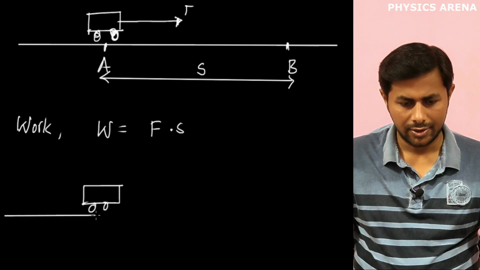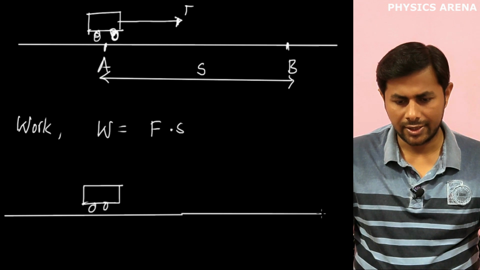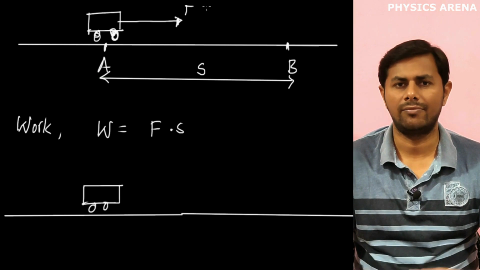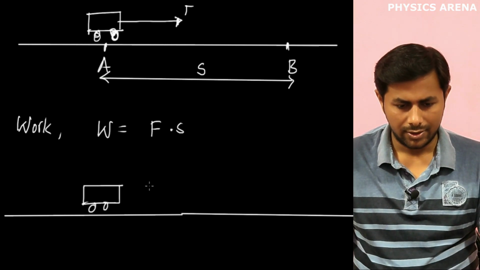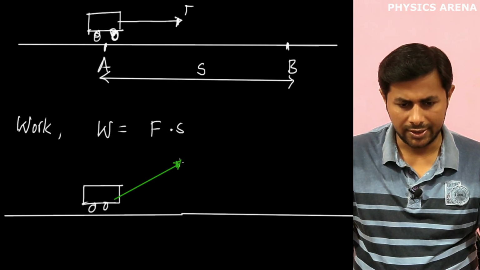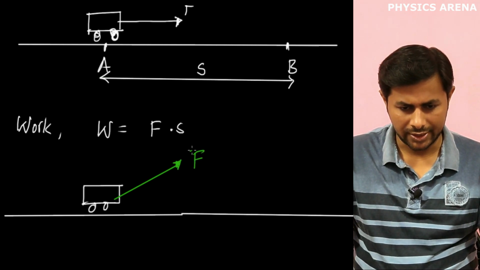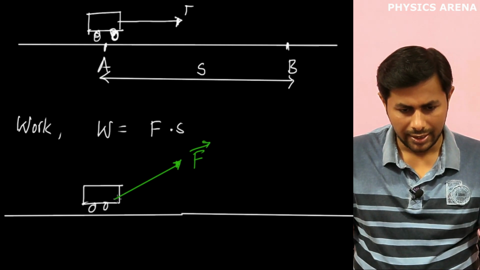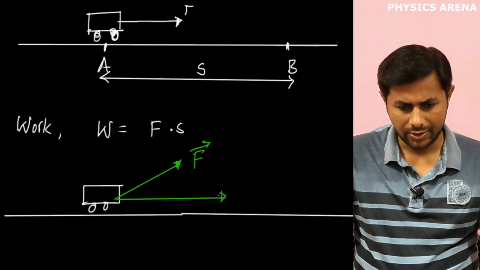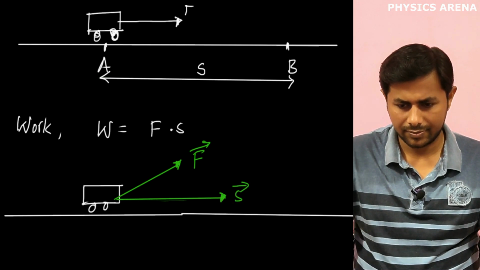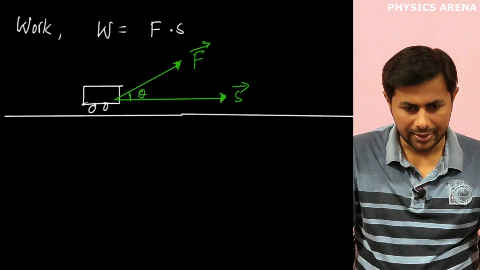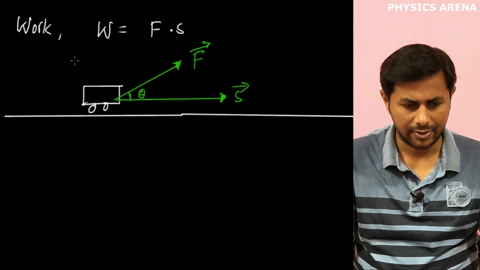Since we are considering a three-dimensional case, we need to represent the force and the displacement by vectors. Let's suppose force is in this direction, so it is F bar, and displacement is still along the floor, so let's call it S bar, and there is some angle theta between the force and the displacement.